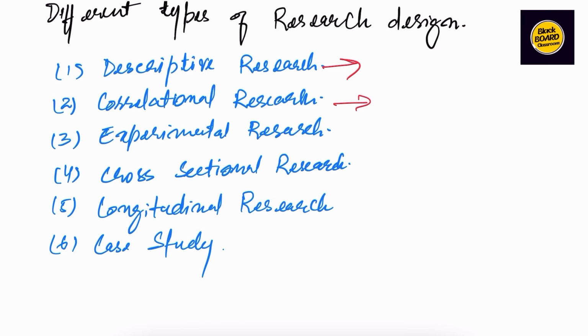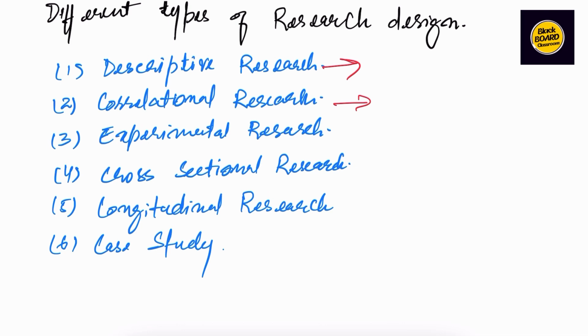The simple definition of descriptive research is that it aims to describe characteristics or behaviors of a population or phenomenon. It doesn't manipulate the variables, but correlational research examines the relationship between two or more variables without intervening or manipulating them.